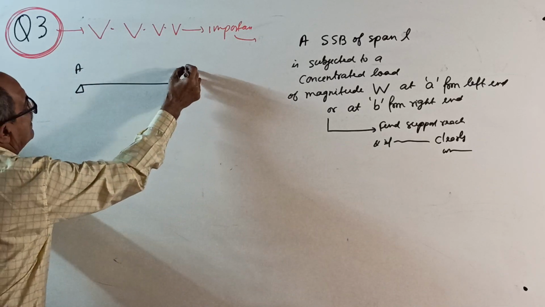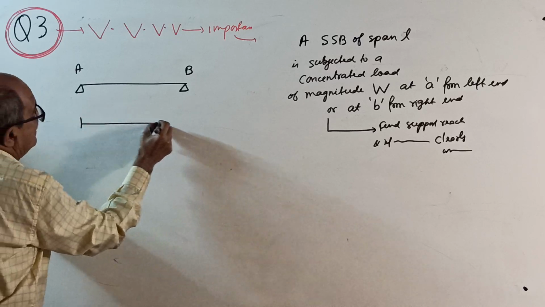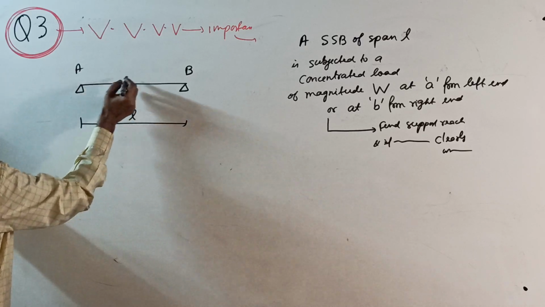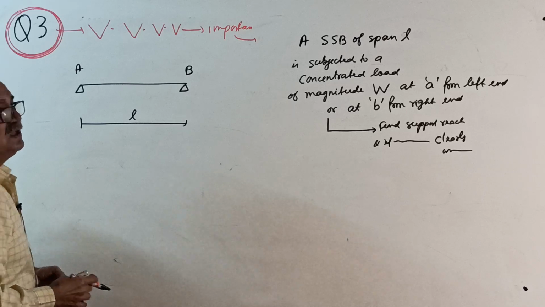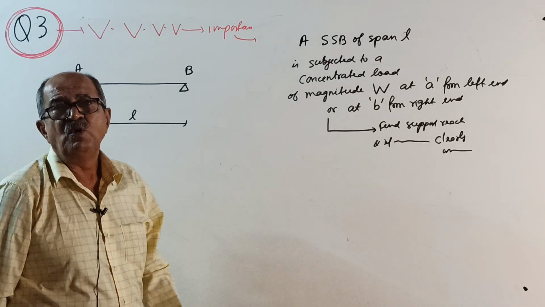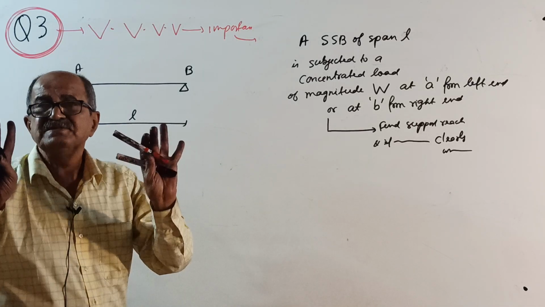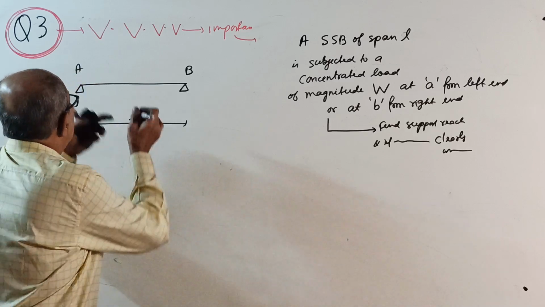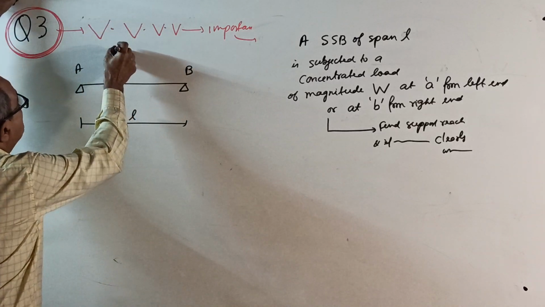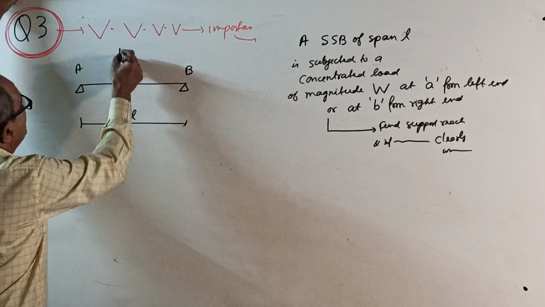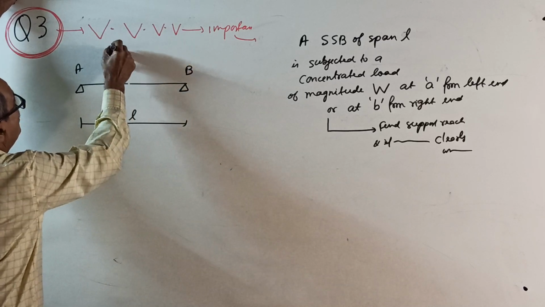Simply supported beam AB, span L. See, load W. Now, doubt comes whether load is this side or that side. It does not matter. Close your eyes. Okay, I have closed my eyes. I'll put the load here, anywhere. W. Don't by heart.